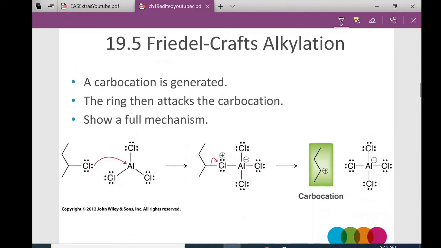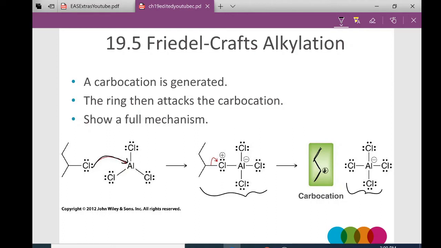But generally for Friedel-Crafts alkylation, you're going to use aluminum trichloride as your Lewis acid catalyst to create your electrophile. So same thing, the chlorine with its lone pairs, one of the lone pairs can add to the aluminum, which is a Lewis acid, creating this species here where it dissociates into what is essentially a carbocation plus the negatively charged aluminum species.